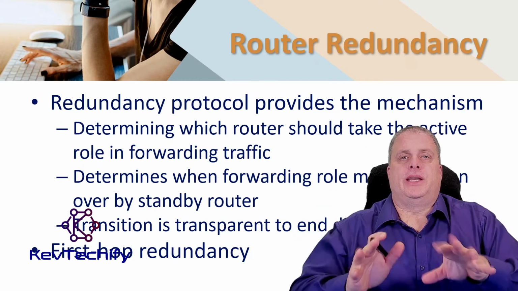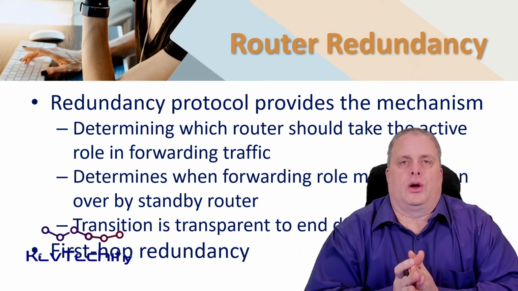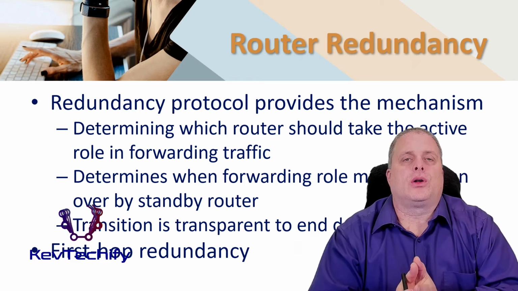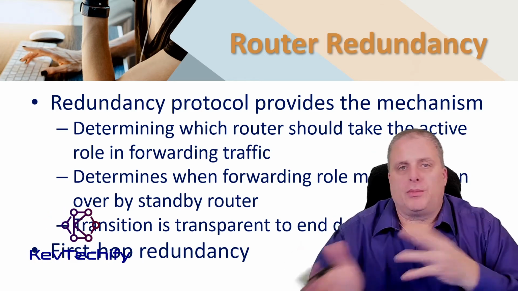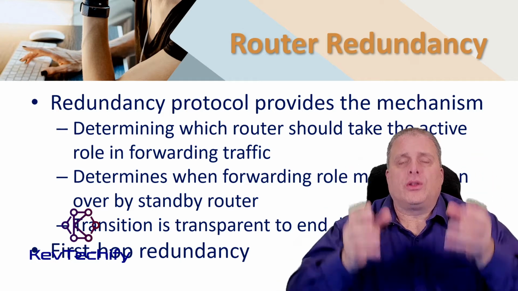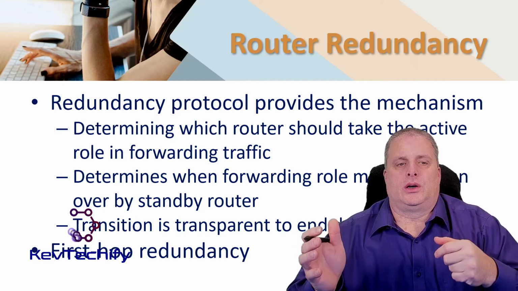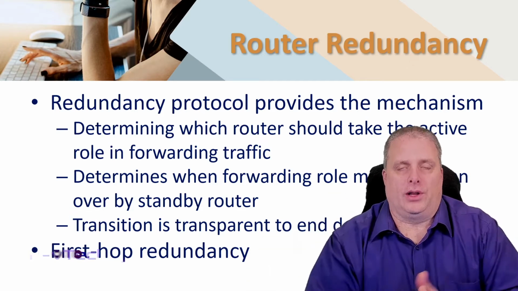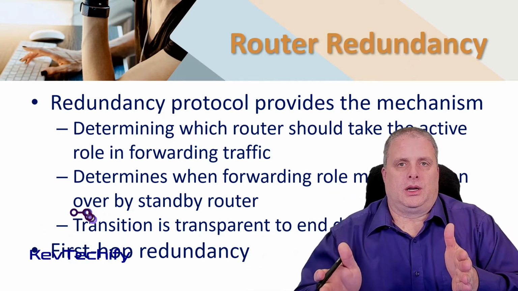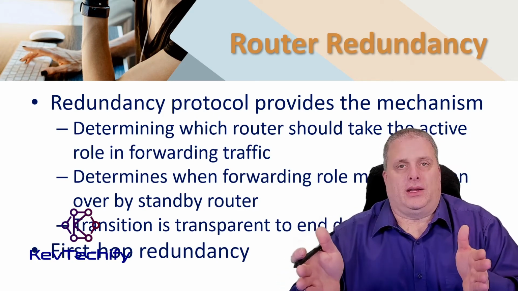To get this router redundancy, what we do is we run a protocol. There's a handful of these protocols. There's several of them. Some are better than the others. Some are used in certain areas. But what this redundancy protocol does is determine which router should take the active role in forwarding. You have two routers, and one of them is the active one. One is going to be a standby.